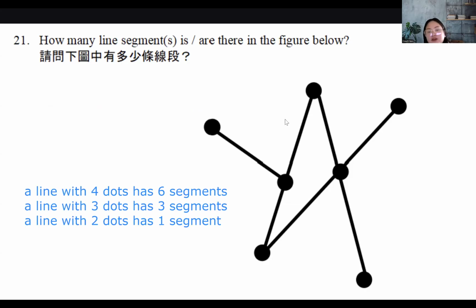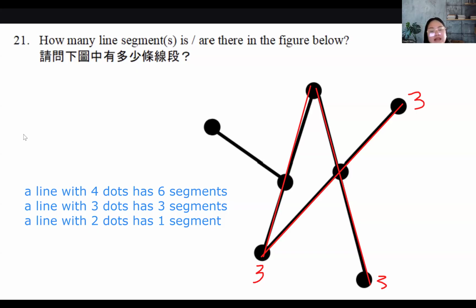This is a three dotted line, right? So a three dotted line has three segments. This one also is a three dotted line. So that means this has three segments. Okay? This one is a three dotted line. That also means that has three segments.